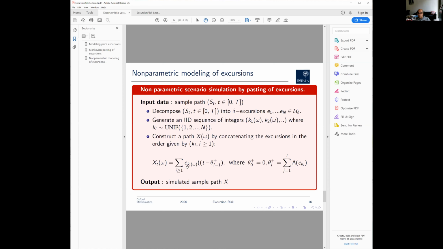And by construction, this pasting method conserves both quantities. So this gives me as output a simulated sample path that I can use to test the performance of strategies, and this sample path is guaranteed to give me the correct distributions for the height and the duration.